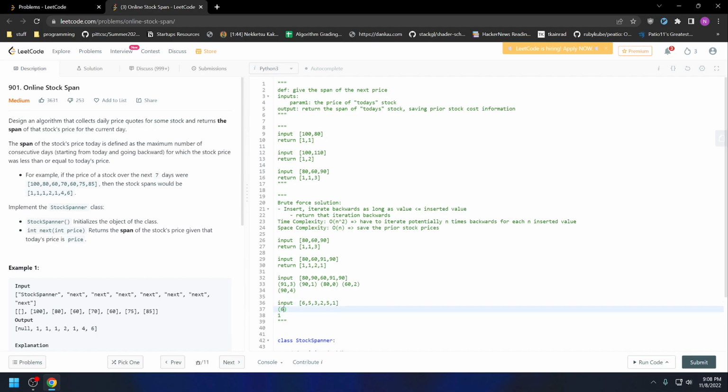So 6 at index 0, 5 at index 1, 1, 2, 3, 4. This is 5 at index 4, 5, 1, 3, 2, 2, 3, and then I insert the 1, so it'll be 1 at index 5.